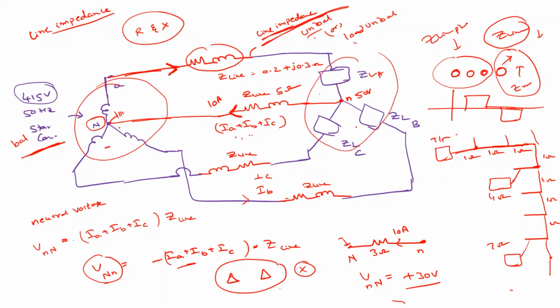That may cause the unbalanced supply or unbalanced system. So in that case only this neutral current will exist. If the source itself is unbalanced, neutral current will exist. If the load itself is unbalanced, neutral current will exist. If both are unbalanced, obviously this neutral current will exist. That is the point I'm emphasizing here.